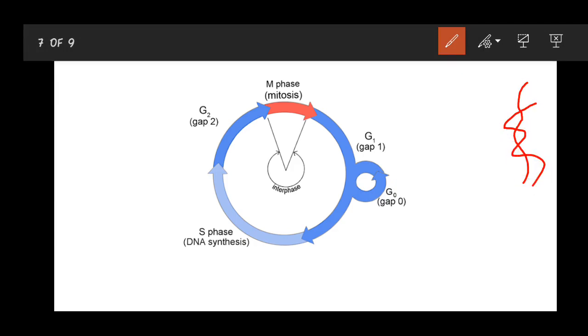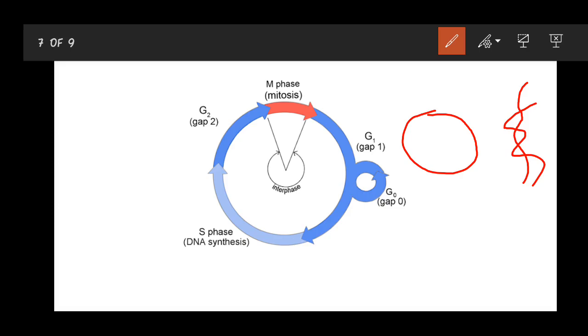As we said earlier, in a normal cell, this particular DNA is seen in the form of a solenoid. So in the G1 phase, this is not the cell, I am taking the nucleus. Inside the nucleus in the G1 phase, you can see the DNA in the form of a solenoid.